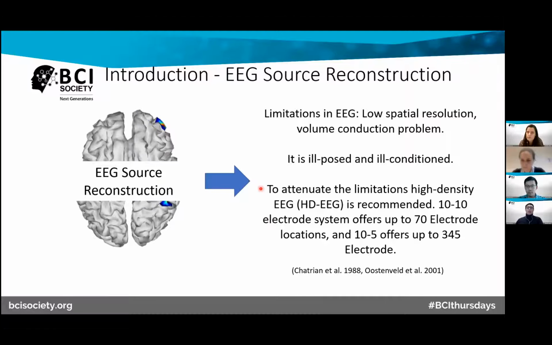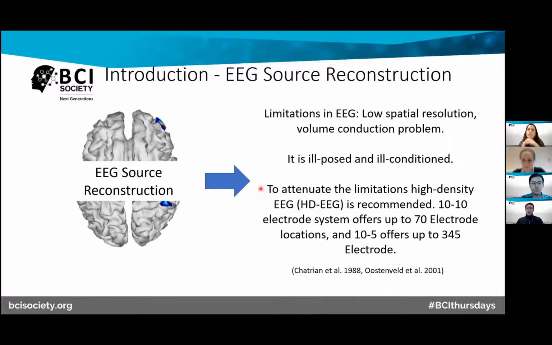Across the years, it has been proven and evaluated that increasing the number of electrodes or using high density EEG systems is recommended for source reconstruction. Especially in the 10-10 system, we can find up to 70 electrodes, or in the 10-5 system up to 345 electrodes. However, there are multiple systems that are low density, and for those systems it is quite often that they cannot do source reconstruction.